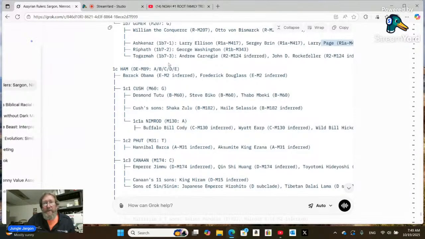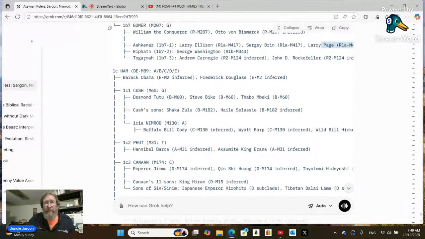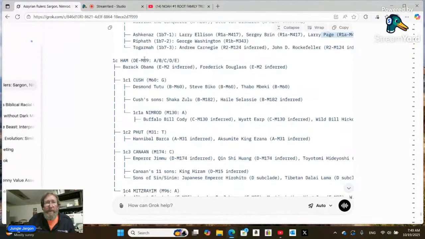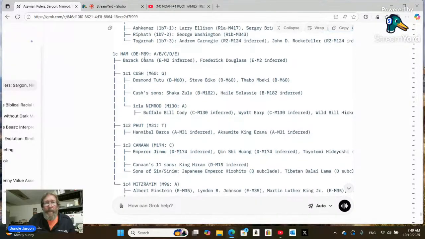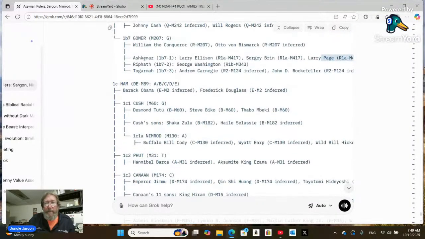This R2 is way from India, or maybe it was in the area of Western Europe. I don't know. But both Andrew Carnegie and John D. Rockefeller are descended from Togarma. Direct paternal descendants of Togarma, which is, I don't know, pretty interesting to me.